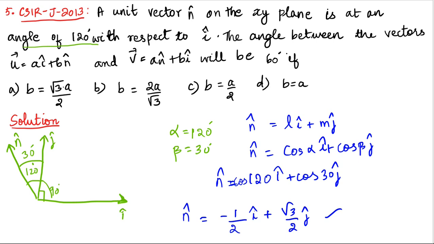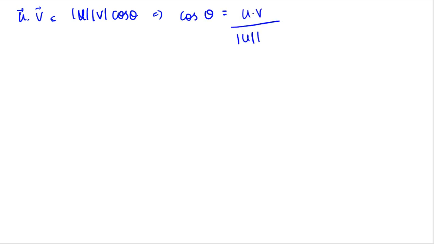Now this is my n cap. So now we have to find the angle between the vectors u and v. So what do we do now? The angle between vectors comes from the dot product: u dot v equals u v cos theta. So we have to find cos theta. Cos theta is equal to u dot v by u into v.